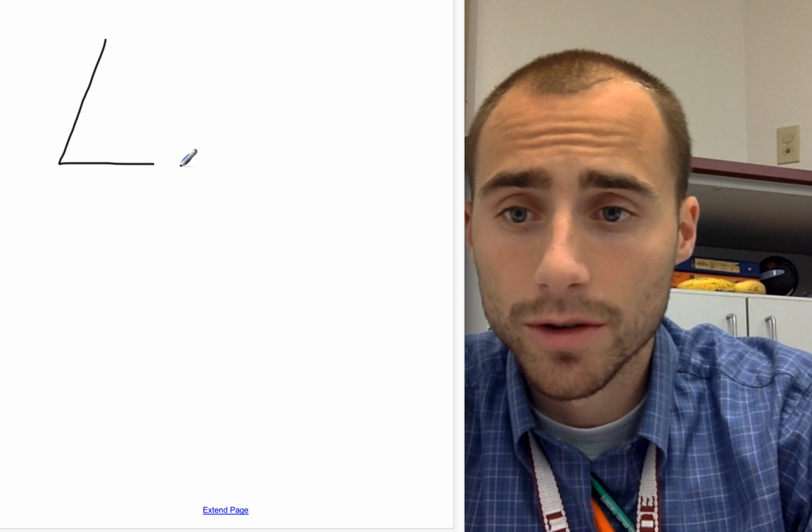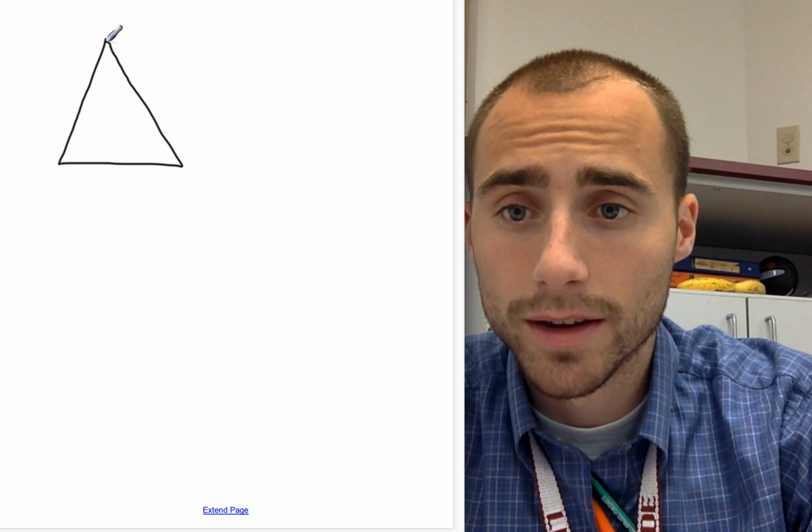If we have a density problem, my advice is to draw the density triangle every single time. You'd have density here, mass here, and volume here. We did a practice problem like this today through Socrative.